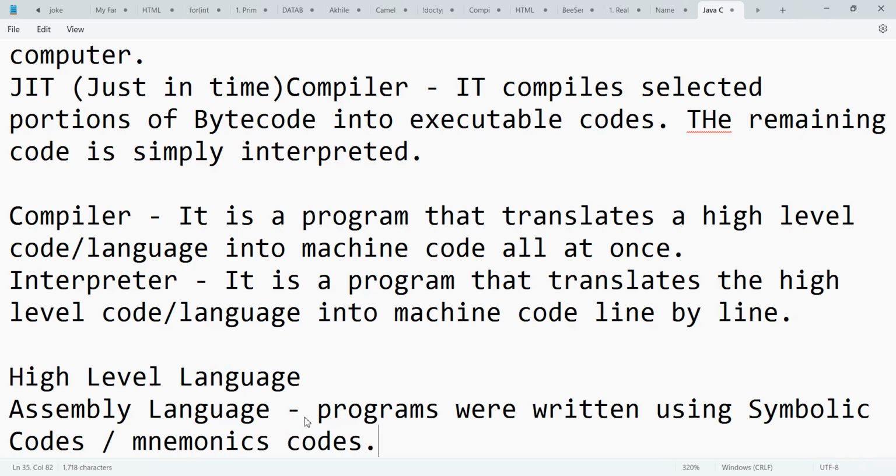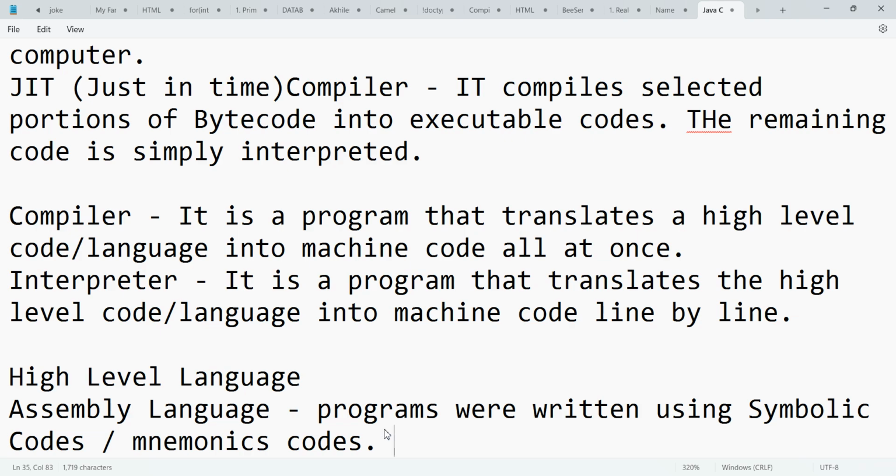You go for exam, you learn a different kind of mnemonics. When things are difficult, so you make mnemonics of it, especially in chemistry, you learn, in physics, you make some mnemonics. So assembly language are composed of symbolic code or mnemonic code. Okay.